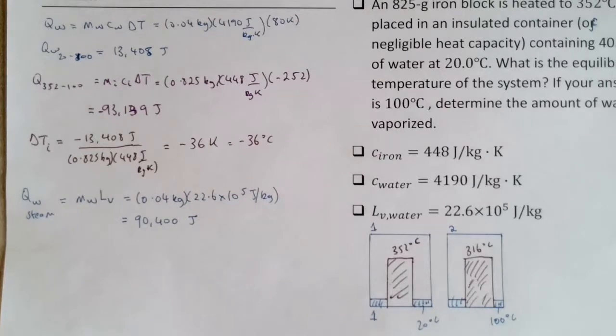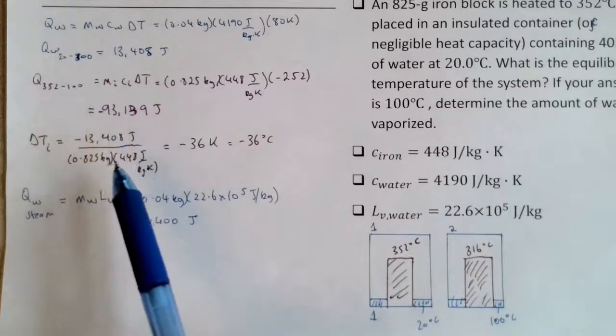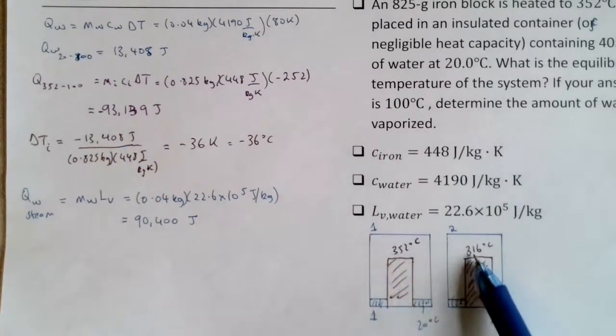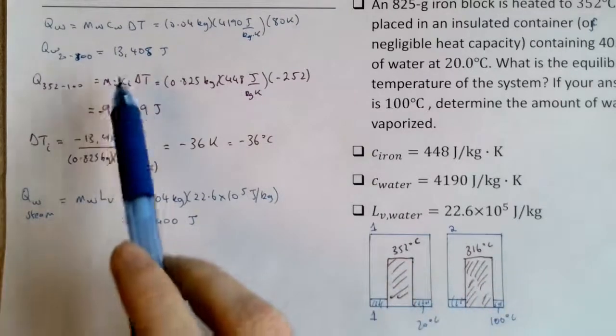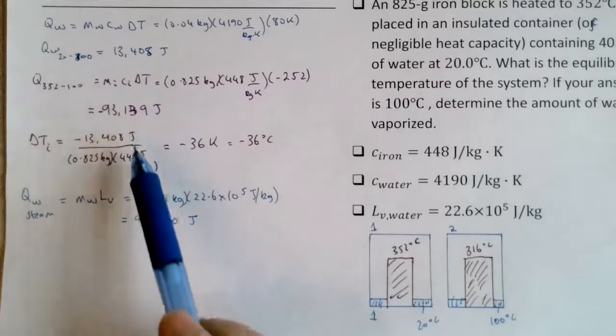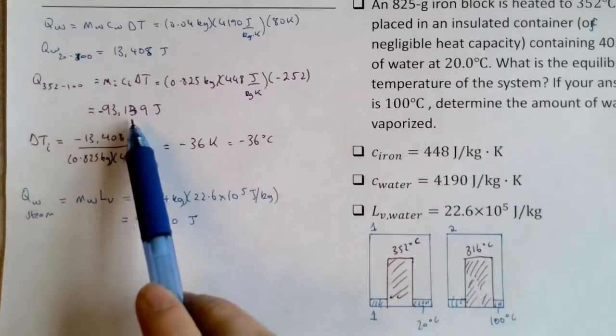So in a sense that if we look at this particular number now and think about the overall numbers, so originally what would happen is that in cooling the block down from 352 to 316, it would give up around 13,500 joules. If it wants to cool all the way down to 100, it would give up 93,000.